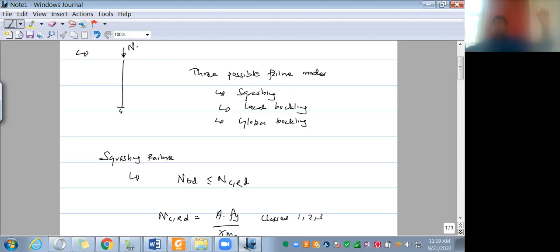But you can't just expect squashing failure only. You have to expect more than that. So another type of failure that could occur for a compression member is buckling failure.